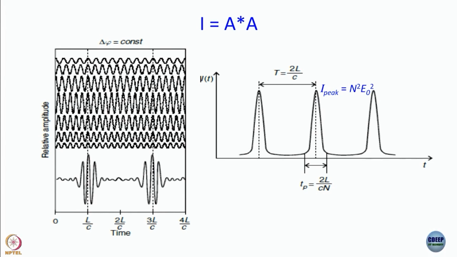So, you see, you couple 5 modes, let us say E0 is the same, you will get 25 multiplied by E0 square. You couple 500, that will be 500 square multiplied by the same E0 square. So, that is how peak intensity grows very significantly as you increase the number of modes that are coupled.